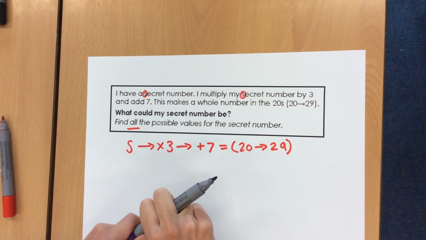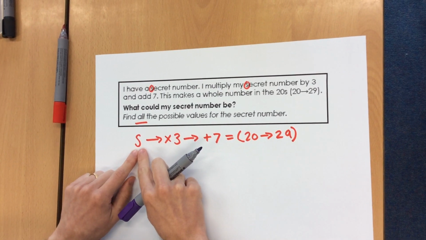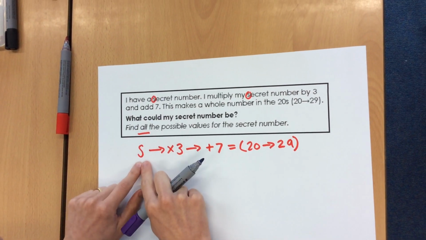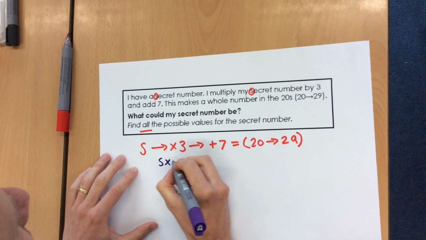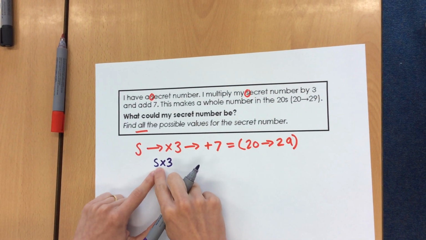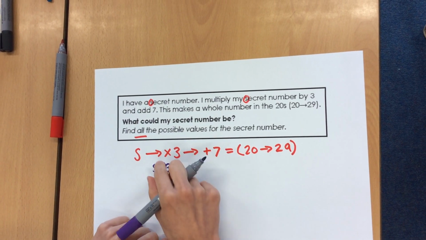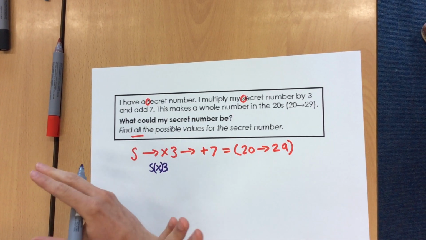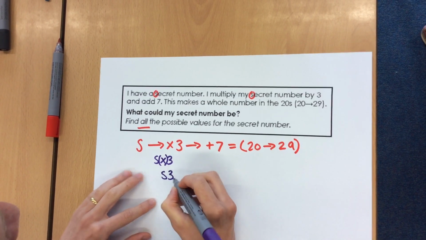So if S goes in, remember on a previous video we did discuss when you multiply a letter, an algebraic letter by a number, we can't put them together. We can't just do S times 3 because that looks like x3 and it looks a little bit funny. So we omit the times sign and we simply put S3.